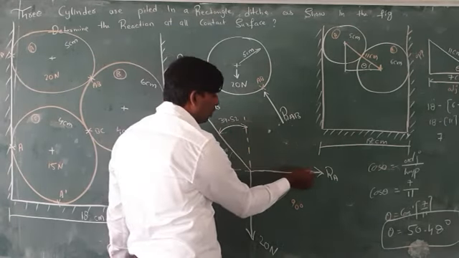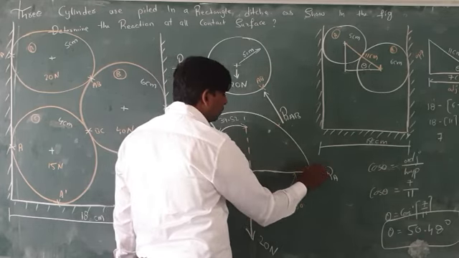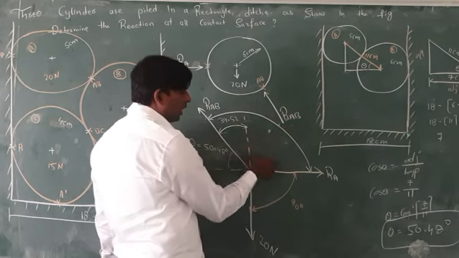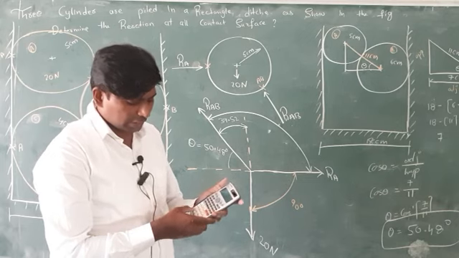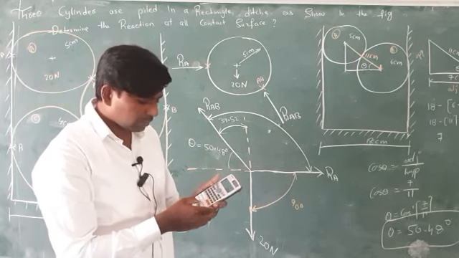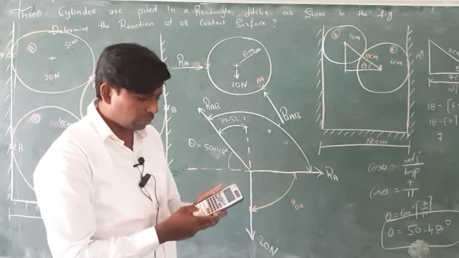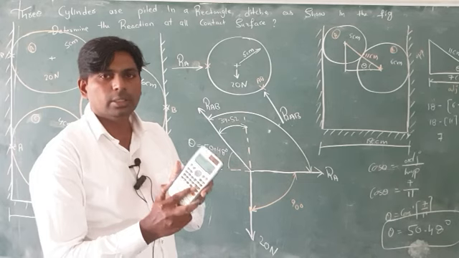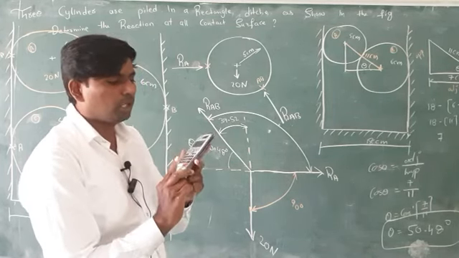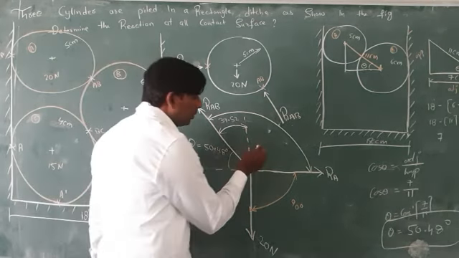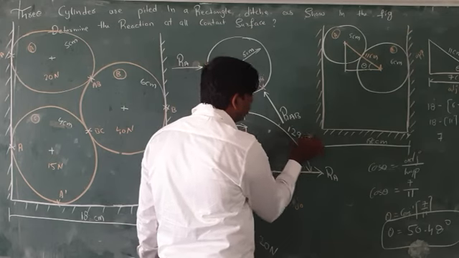From this point to this point you have to take 90 plus 39.52, and you will get the answer 129.52. So this angle you got, 129.52.